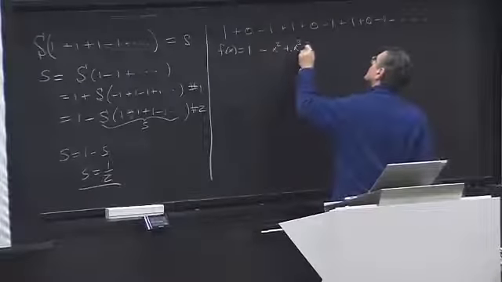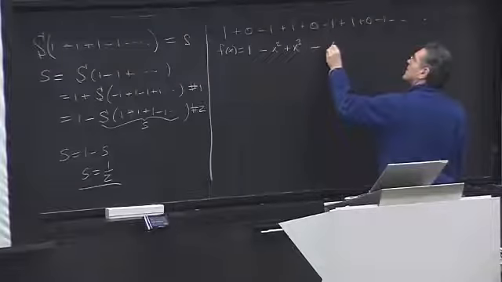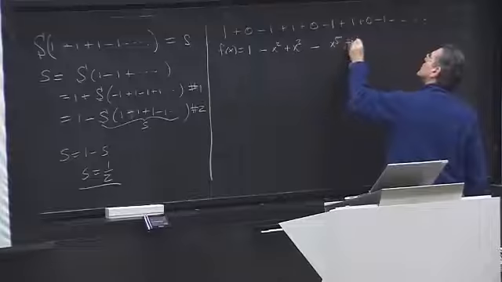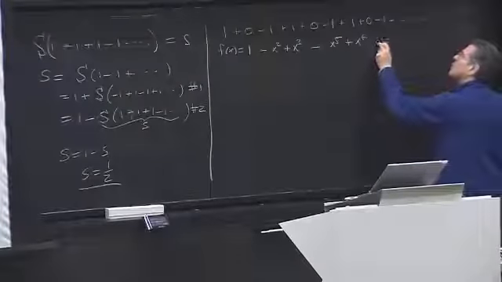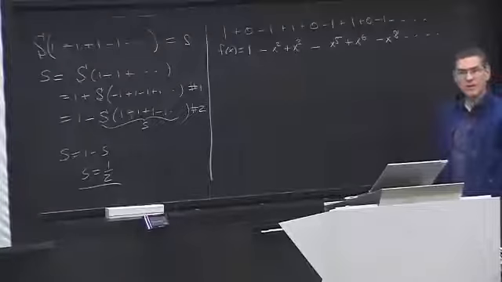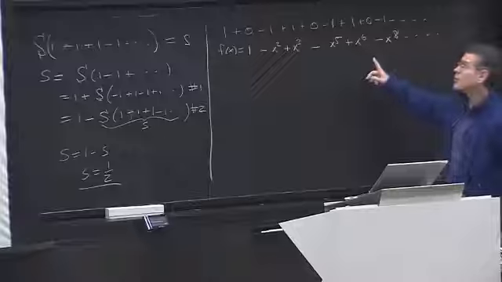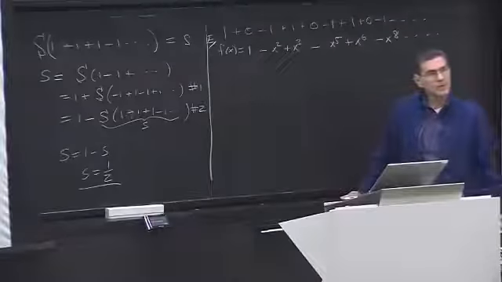plus x cubed plus 0 minus x to the 5th plus x to the 6th plus no x to the 7th minus x to the 8th, and so on. Okay? Do you understand? This is Euler. Did you see that?